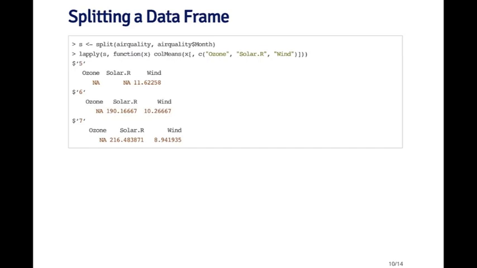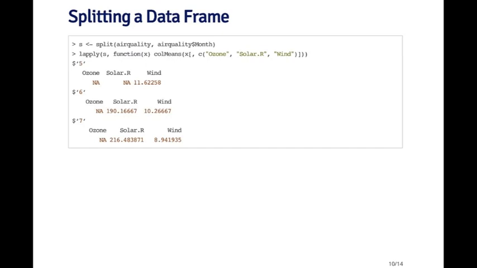So here I've split the airquality data frame according to the month variable, and then I'm going to apply an anonymous function. What it does is it takes the column means of just the ozone, solar radiation, and wind. So I'm not going to take the mean of temperature here. I'm just going to take the column means of those 3 variables for each monthly data frame.